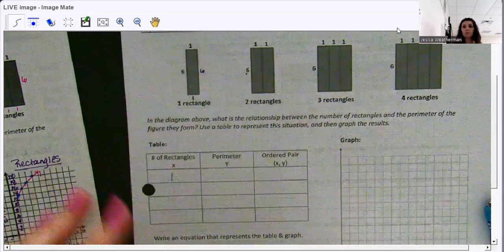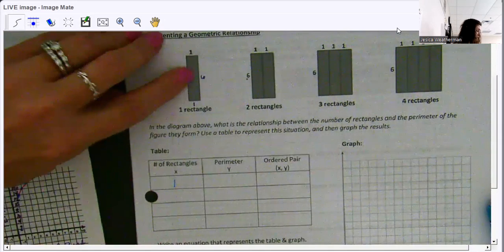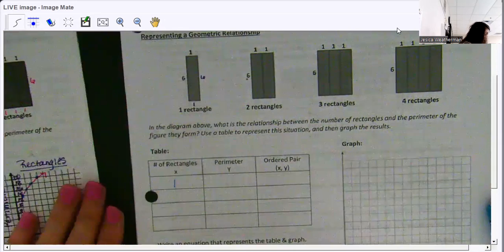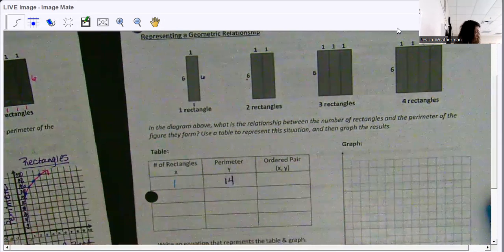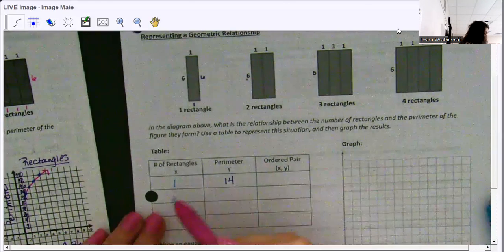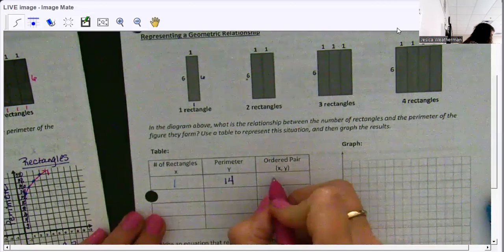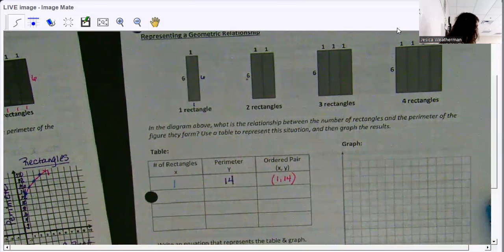And to figure out the perimeter, you count all the edges up. So if I count the edges up, I have 1 plus 6 is 7, and I have 14. So my perimeter for the first image is 14. And then when I write that as an ordered pair, my X goes first, my Y goes second. So it'd be 1, 14. That's my ordered pair.